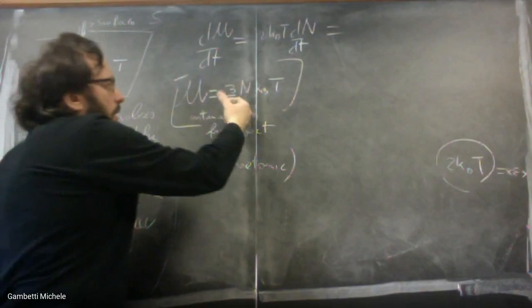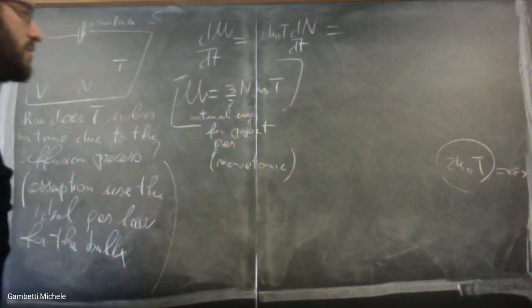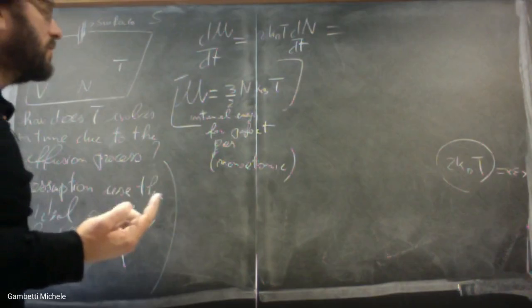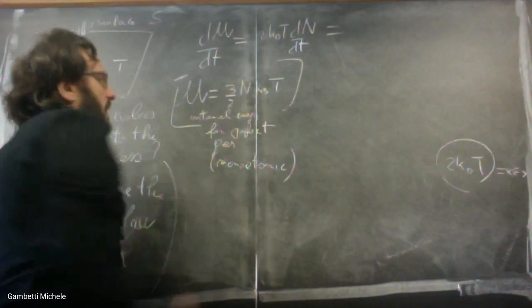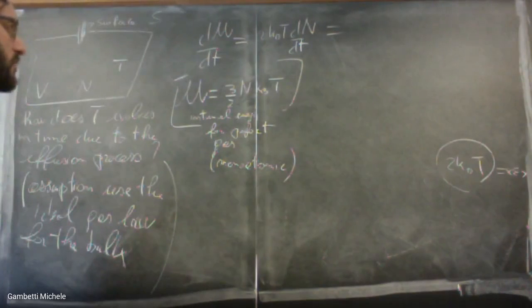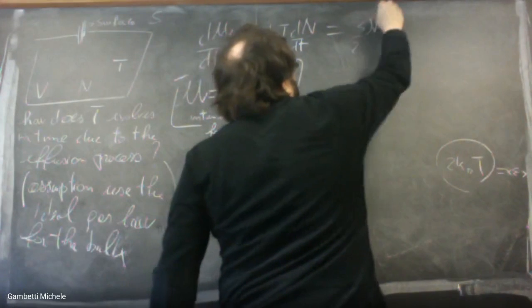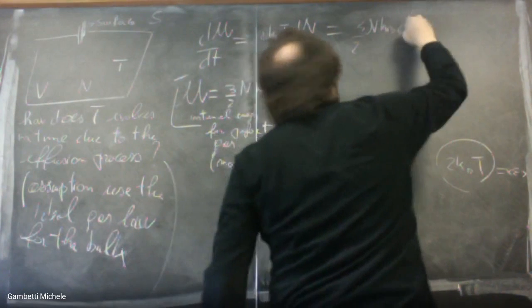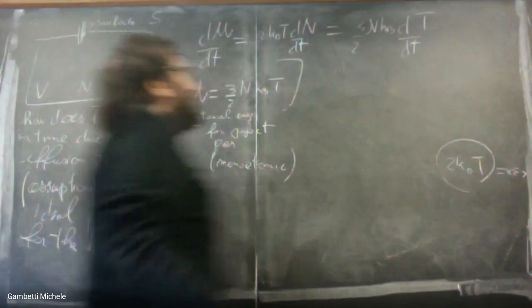It's this 3/2 kBT, which is the average energy for a single particle, times N. So I can compute this derivative of U with respect to time also as 3/2 kB derivative of T with respect to time.